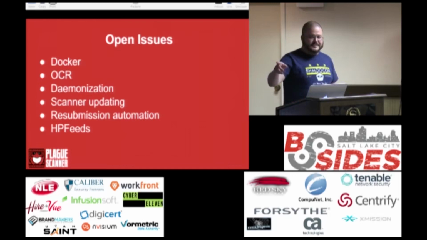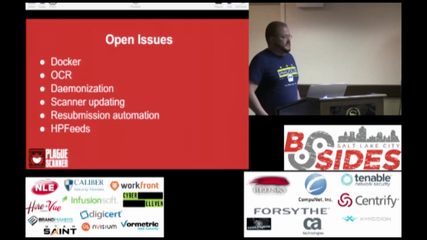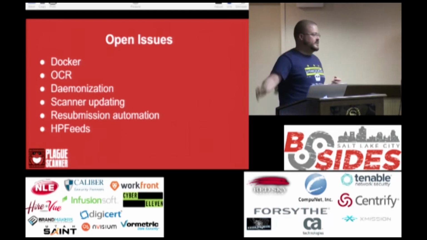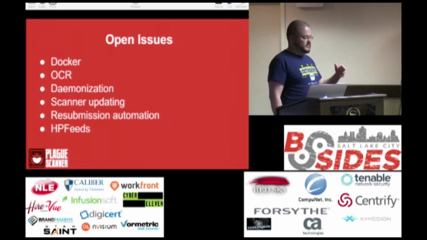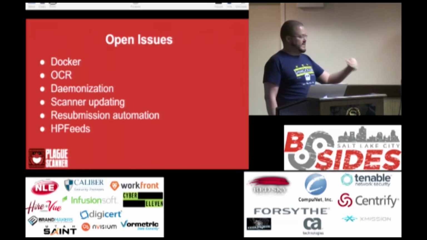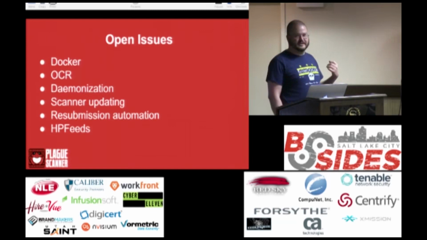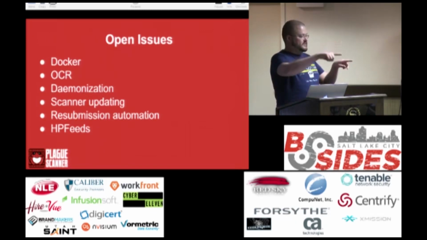The next thing that is an open problem is resubmission automation, and this depends on the daemonization step. I want to be able to not burden someone with a scanner result of 0. If there's a scanner result of 0, you could have a flag set for that job that says, if it has 0, rescan on a schedule.